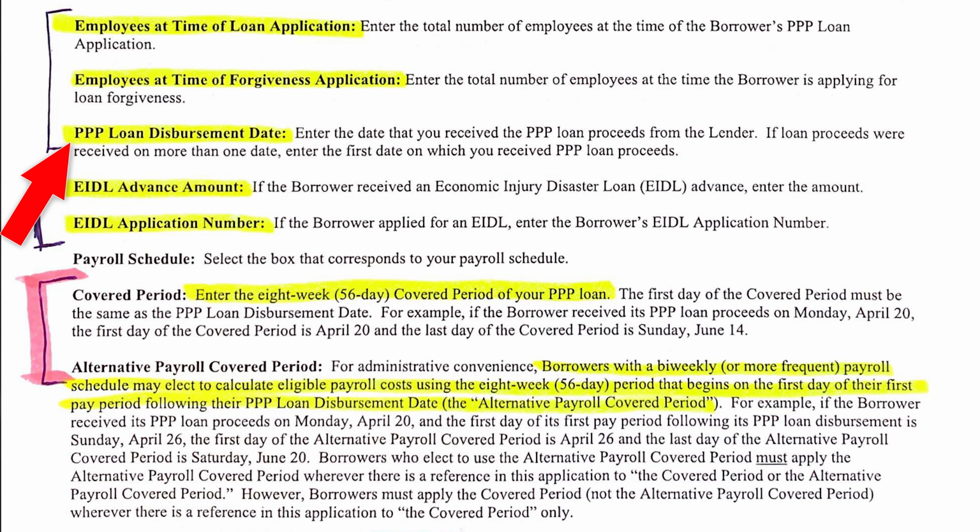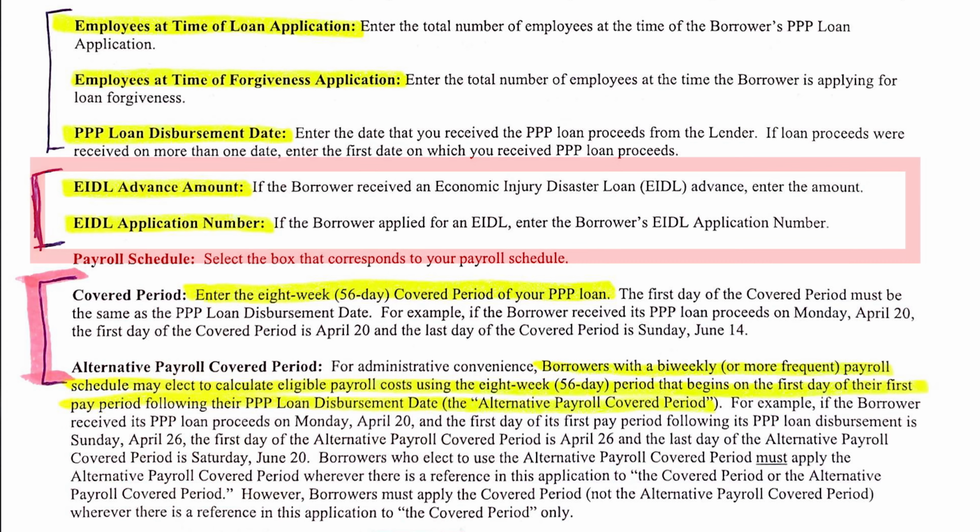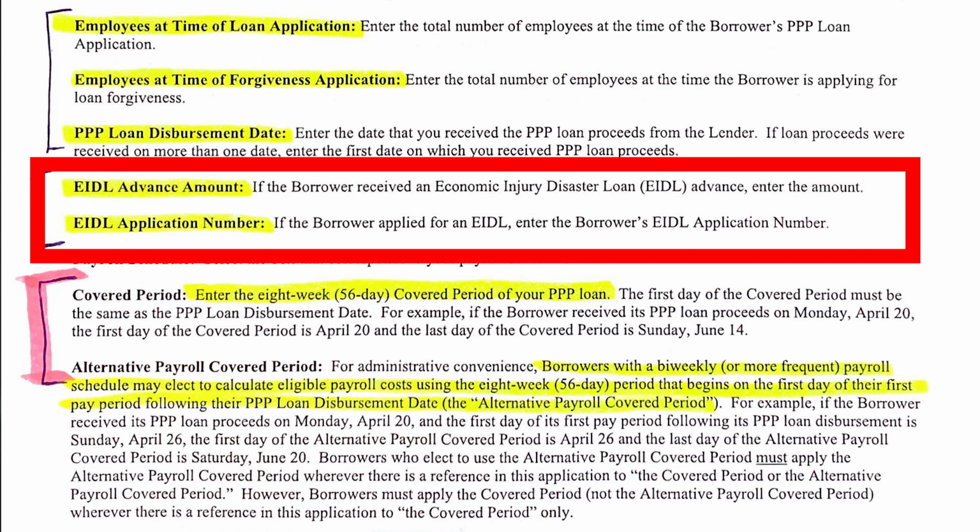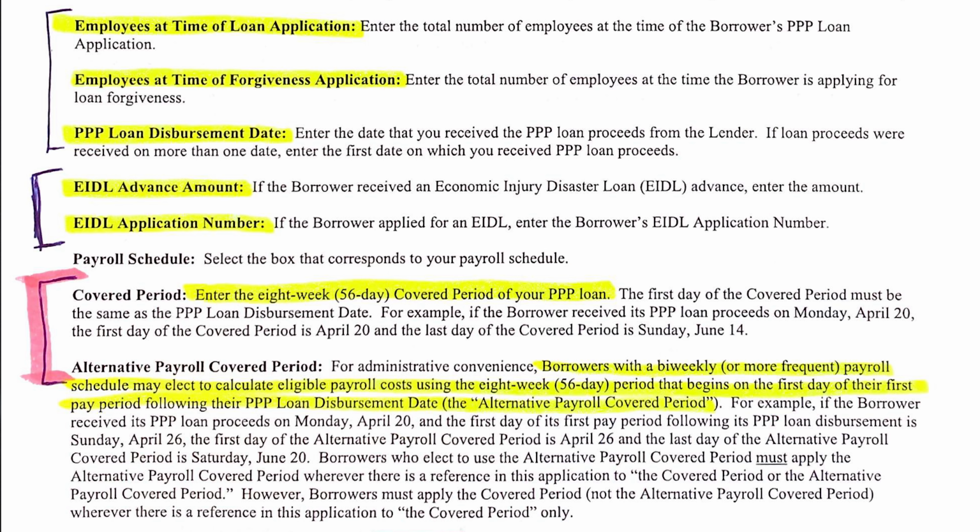And then the PPP loan disbursement date, which is important because this is going to coincide with the covered periods, which we're going to get into in just a second. And then the EIDL advance amount. If you got the EIDL grant advance, which was $1,000 times the number of employees up to $10,000 by the SBA, then that number will reduce the amount that you're going to get forgiveness on the PPP loan.